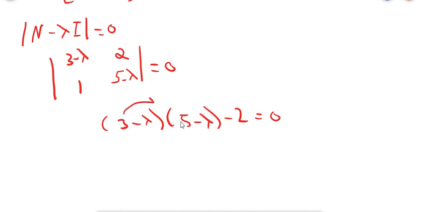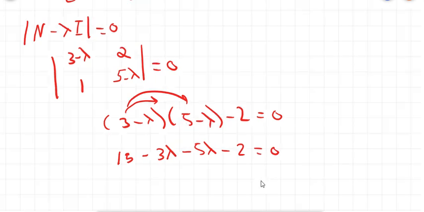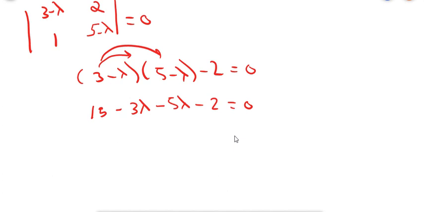Now let me expand the bracket. It will be 3 multiplied by 5, which is 15, minus 3 lambda, minus 5 lambda, plus lambda square, minus 2 is equal to 0.